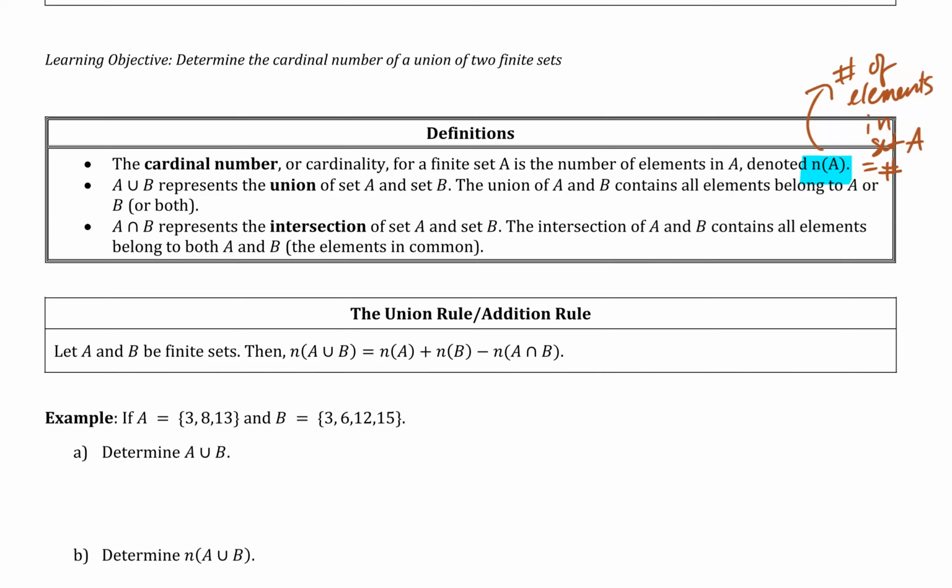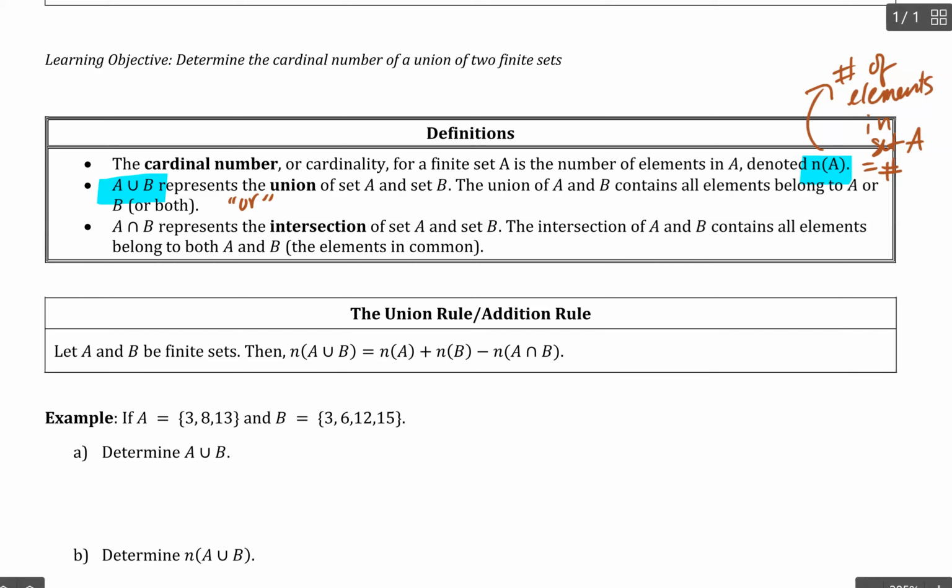The union of A and B, which we read as A union B, is simply the set that contains everything in A, everything in B, or the elements in both of them. A lot of times we refer to this as or, A or B, although we have to remember that it does contain the elements in both of the sets.